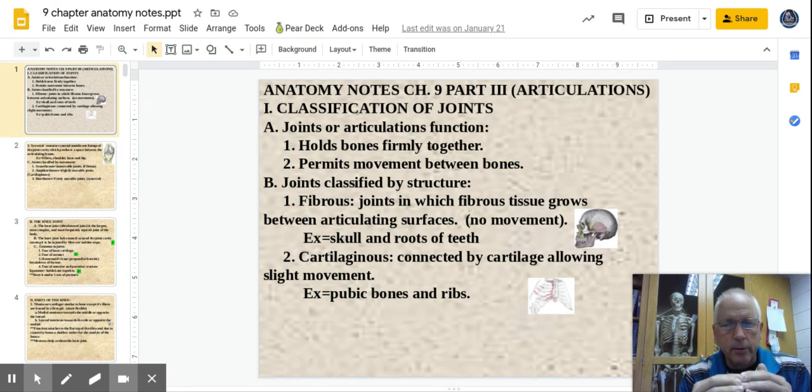So that is a fibrous joint, no movement. Another great example of that would be your teeth. That's what holds your teeth in your maxilla and mandible, so they don't move as well. So fibrous tissue will grow between them.